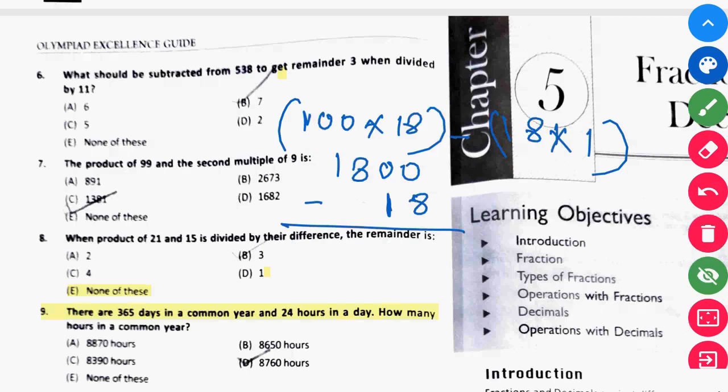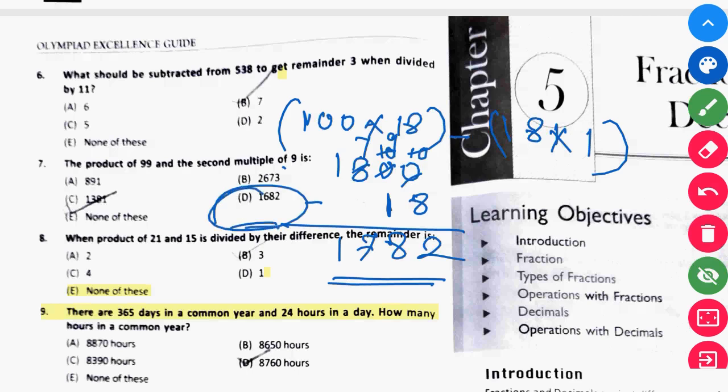Second multiple of 9. Second multiple of 9 is 18. 9 2s are 18. 18 and 99. 1800 minus 18. 10 minus 8, 2. 9 minus 1, 8. 7 as it is, 1.